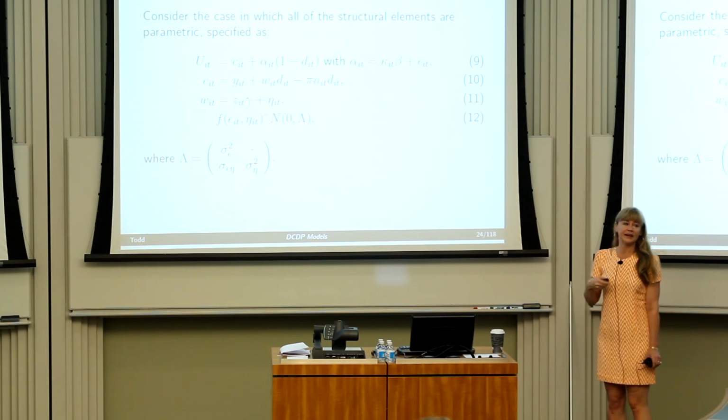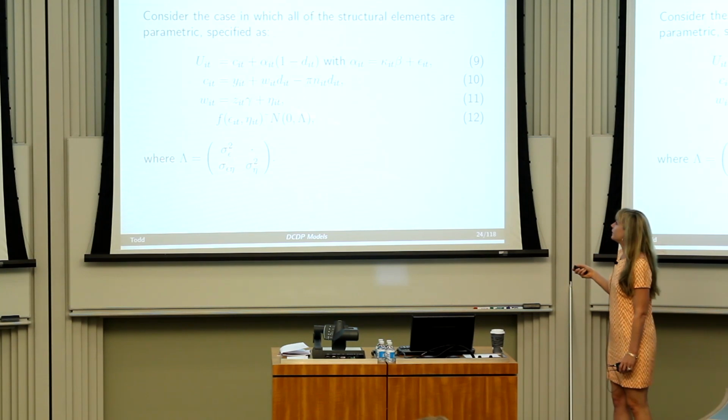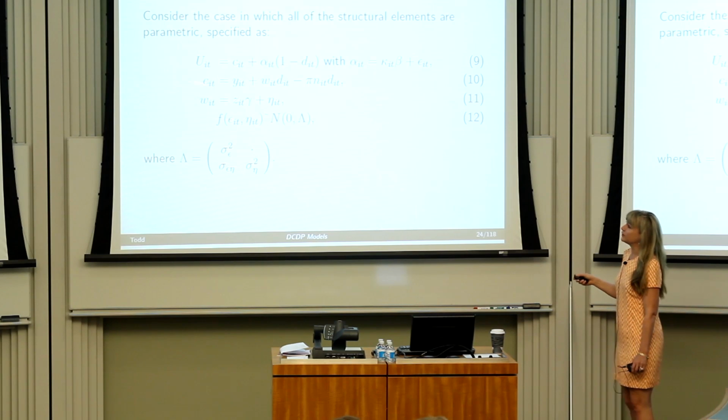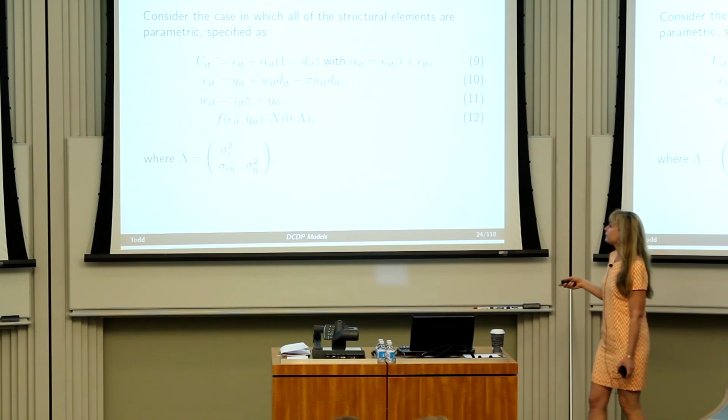Remember that we want to have a shock to preferences for leisure. So here, the alpha depends on some observables plus some unobservables. Then this is just the budget constraint that we had before. And then we parametrically specify the wage offer equation, and also parametrically specify the joint distribution of errors, that it's normal.